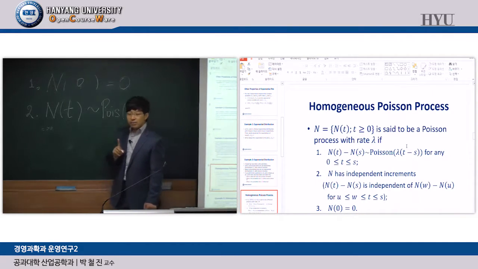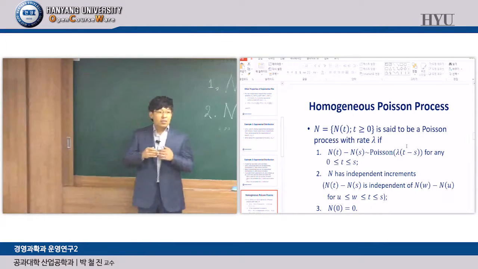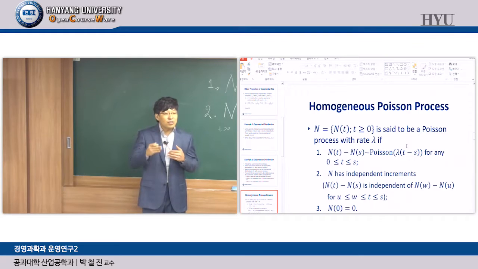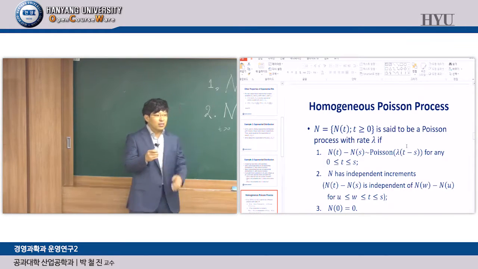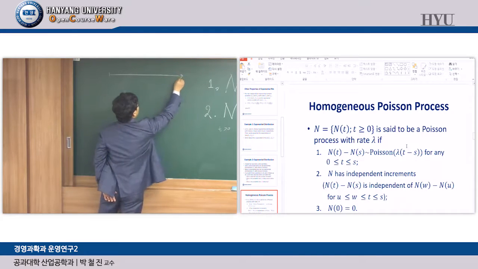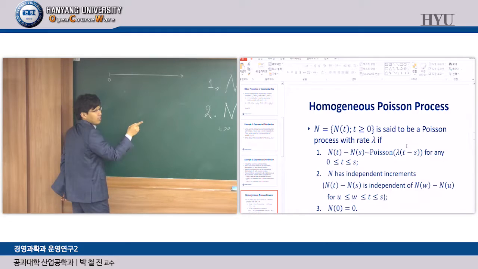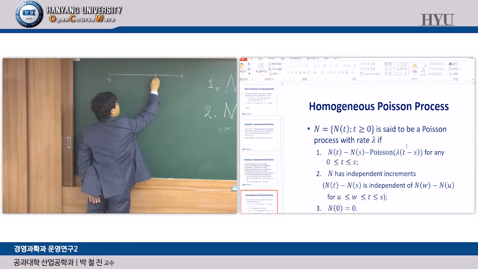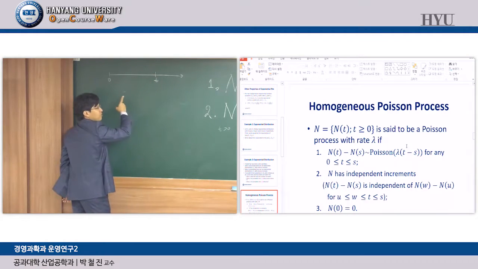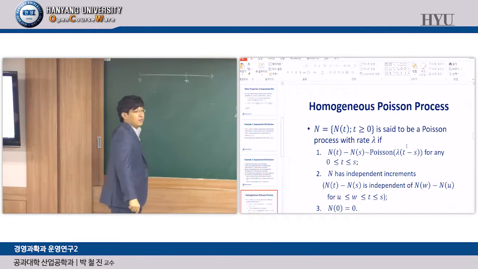But sometimes we would like to consider not 0 to t, but s to t. If we consider the time horizon 0 to infinity, the number of events occurring from 0 to t would be N of t under some assumption, right?